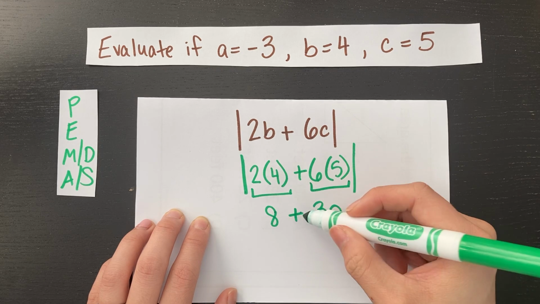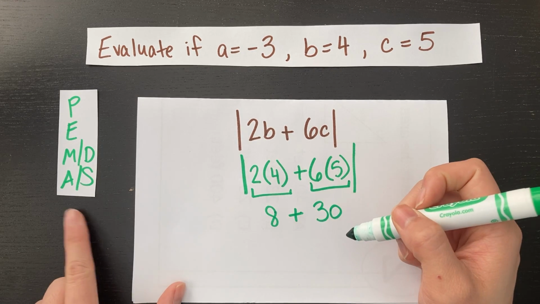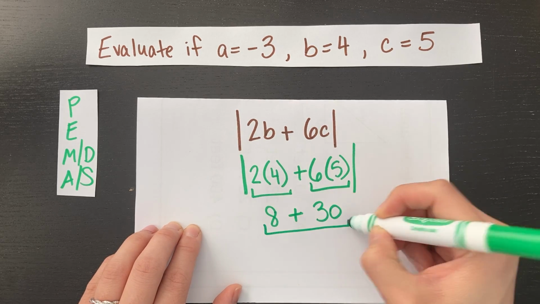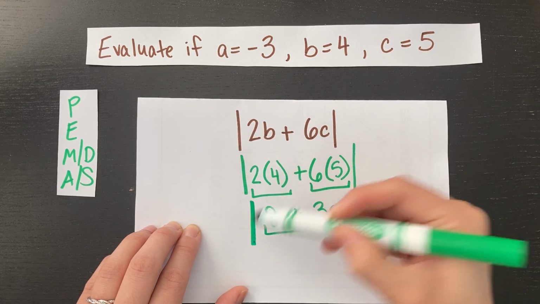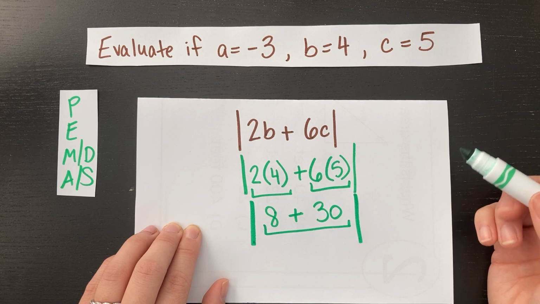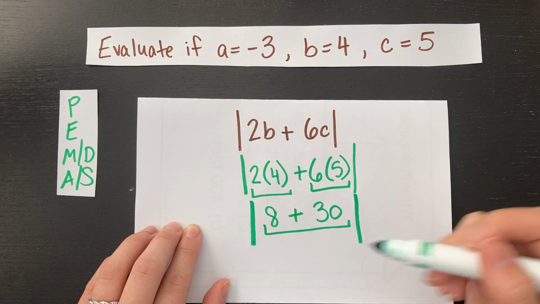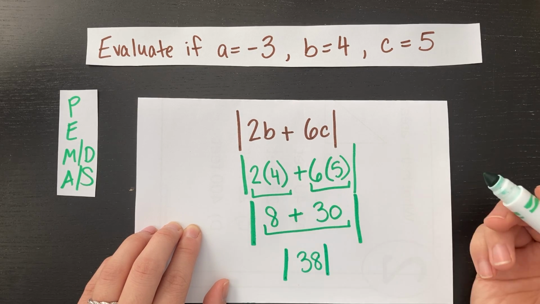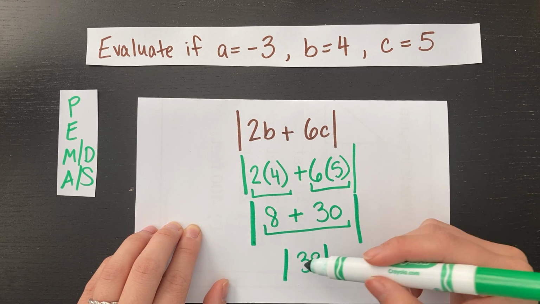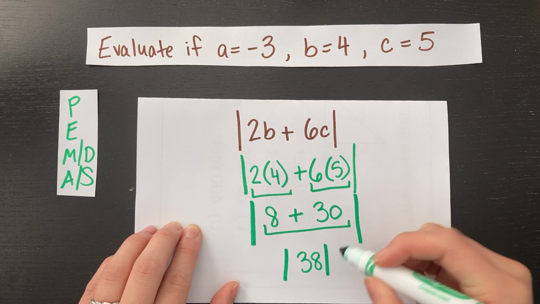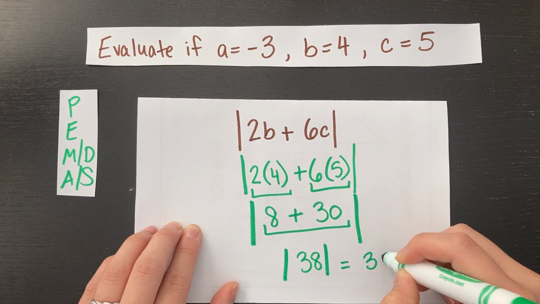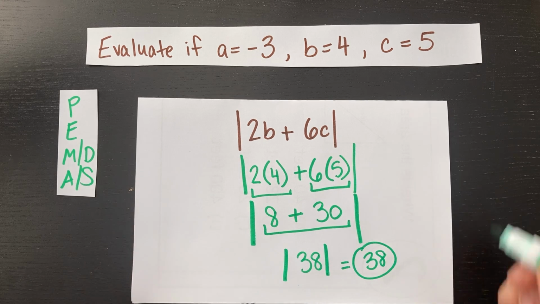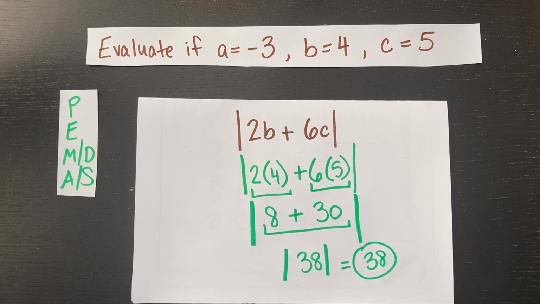I'm going to save this addition for last, because using my order of operations, I'm not going to do that in my next step. Absolute value bars are still there. 8 plus 30 is 38. Absolute value bars are still there. And the absolute value of 38 is 38. So my answer is 38. Remember, absolute value is how far away a number is from 0, so it's always positive.